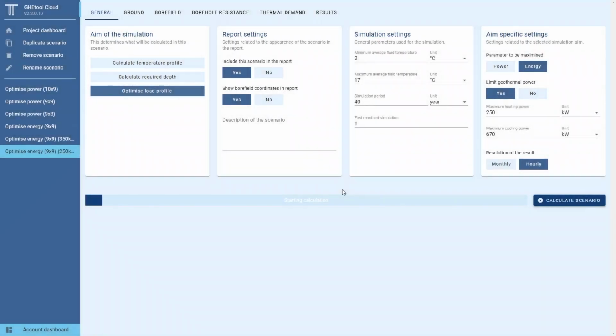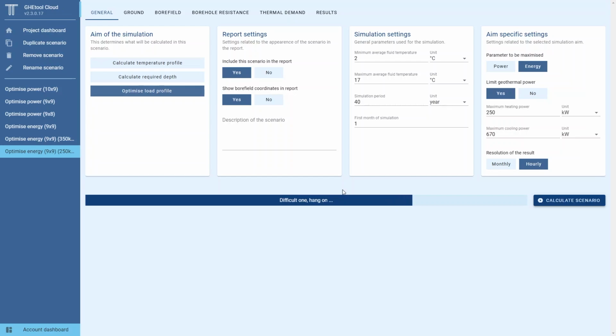But the important thing here to note is that the optimize energy methodology, as we've discussed in the previous video, uses in the backend a monthly methodology, because otherwise it will take hours to calculate our optimal solution. So if you get the result from the hourly method, you will see that there are a little bit peaks that go over our temperature limits.